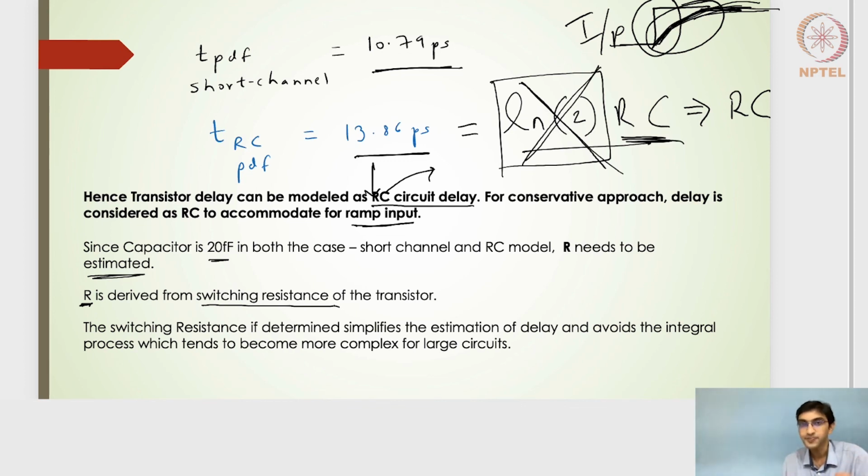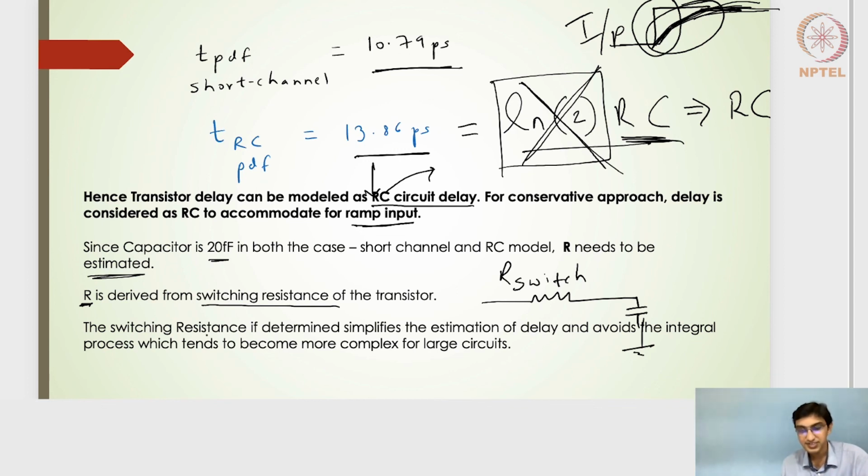The transistor, based on its operating region, we will use the switching resistance of the transistors, whether it is a PMOS or an NMOS, and incorporate it in our delay model. So we will use this switching resistance and the capacitance, and use it to either charge or discharge, and then find out the propagation delay falling or rising.